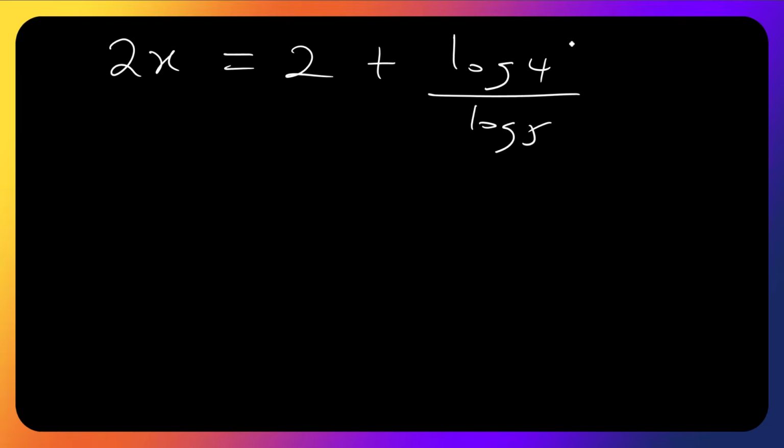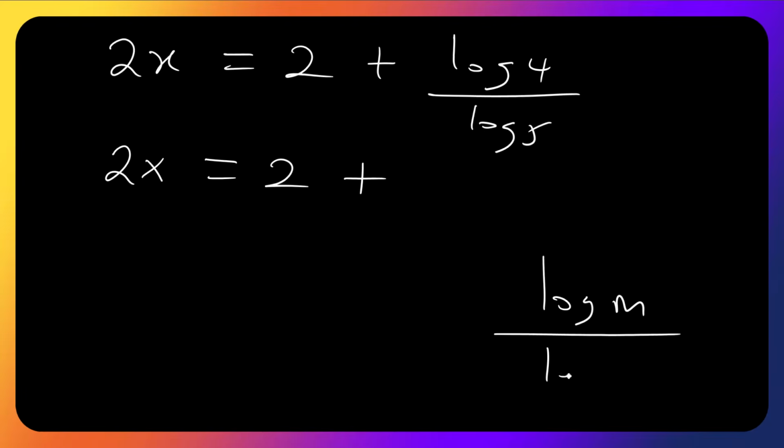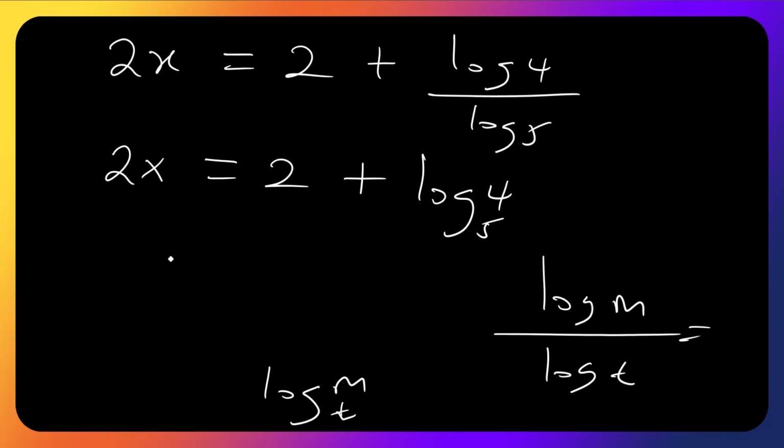Okay, so let's apply change of base here. When we have log m on log t, it's the same as log m to base t. So this side will be log 4 to base 5.